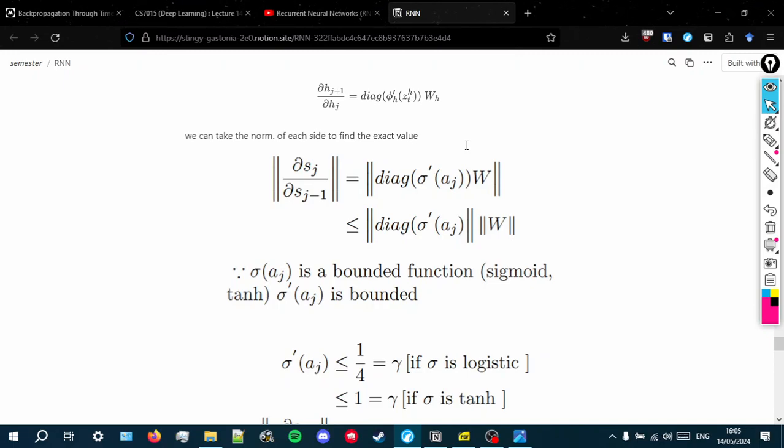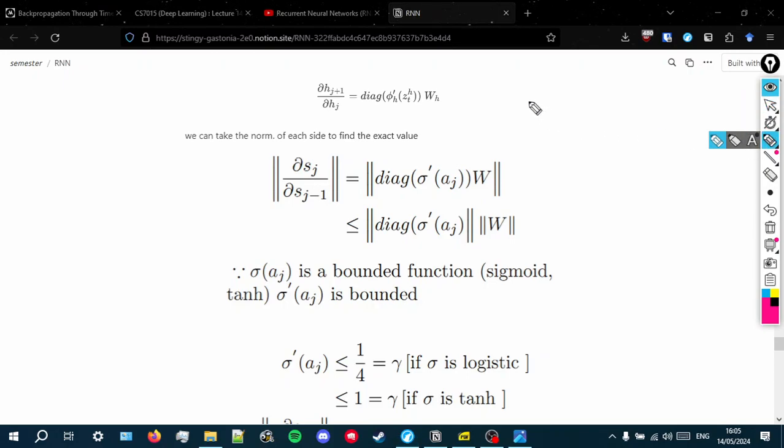So to find the magnitude of a matrix, or the magnitude of these two multiplied together, we can do that by getting the norm of each side of the equation. So the norm of this equals this times this.